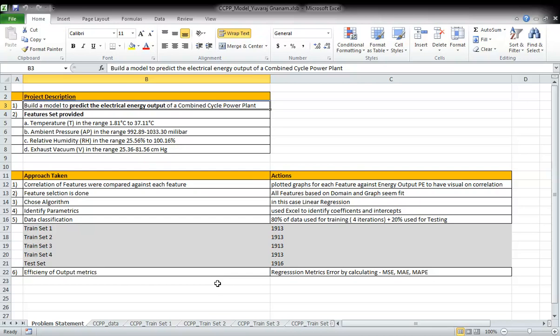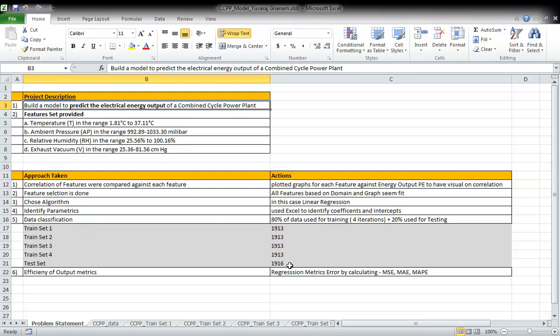And finally, not the last item, right? I had to split the data such that 80% of the data given is used for training and 20% of it is used to test once the model is arrived at. Within that 80% of the training data, I had to separate it into four different sets of 1913 rows each, and then the fifth set, of course, the test set, which had 1916 rows.